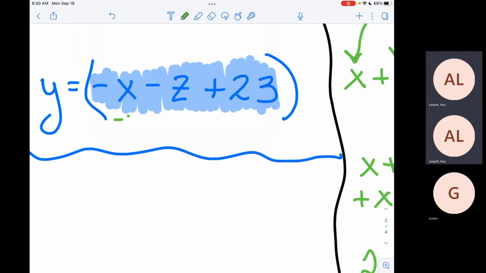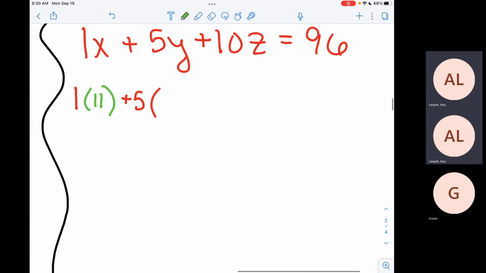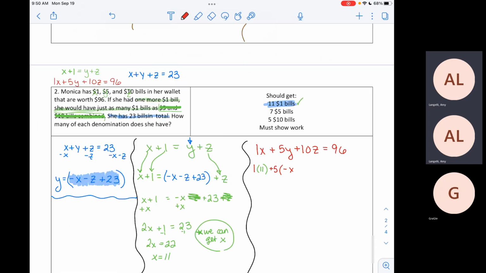You can make this negative 11 minus Z plus. You can do that now or later. Easier to do it now? Tell me if you're over here. And did you write negative X? Negative X. Okay.